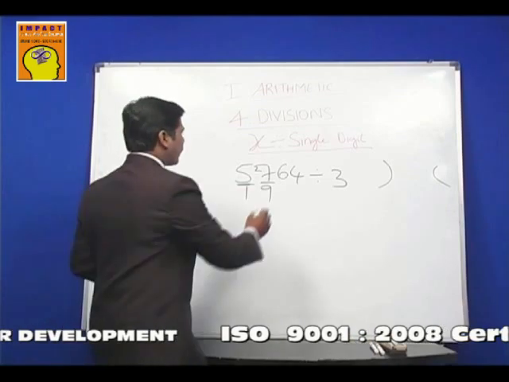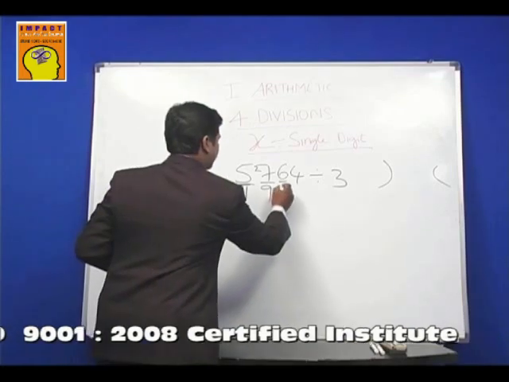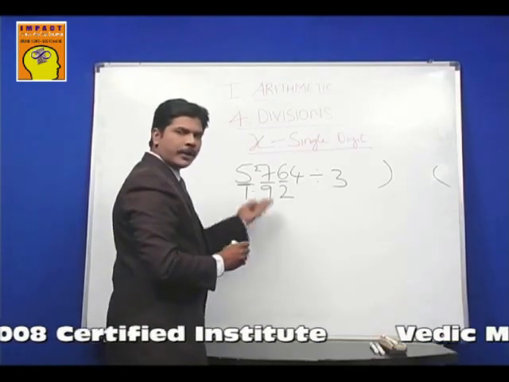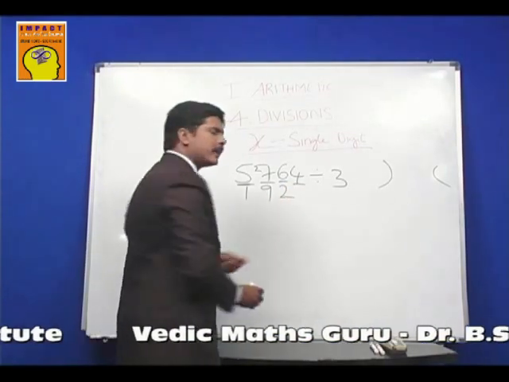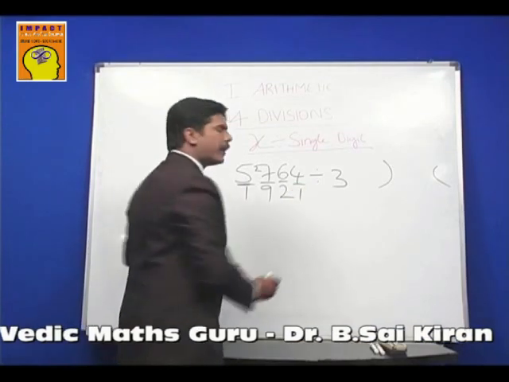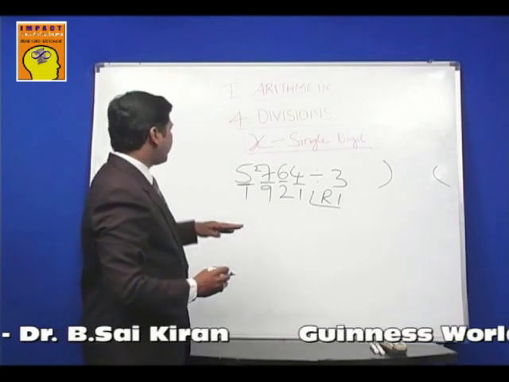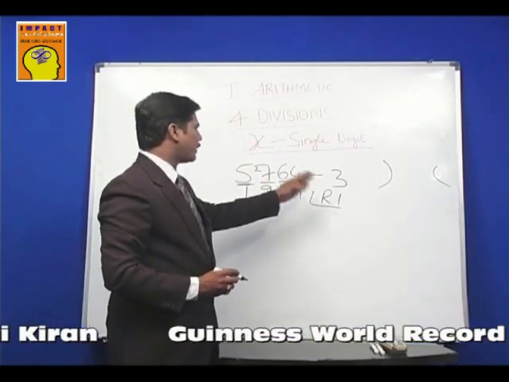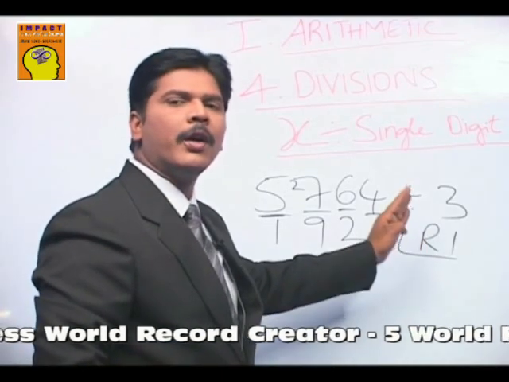Now go to the next number, underline 6. 3 goes in 6 twice exactly. Now there's no remainder. Go to the next number, underline 4. 3 goes in 4 one time with the remainder of 1. So that becomes the remainder. So when you divide 5764 by 3, you get 1921 with the remainder of 1.